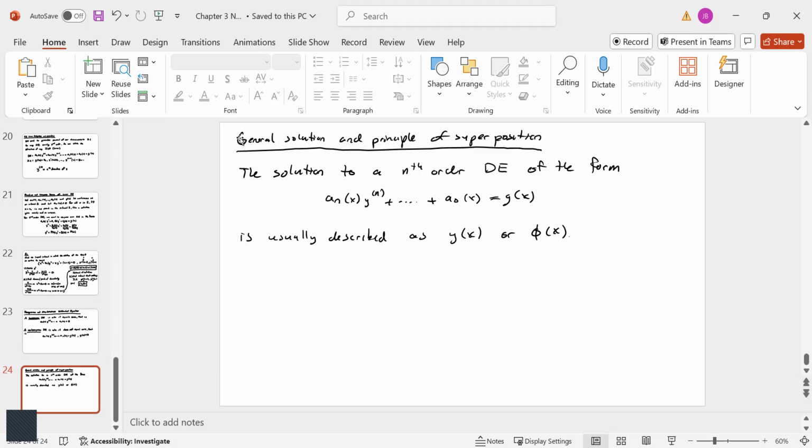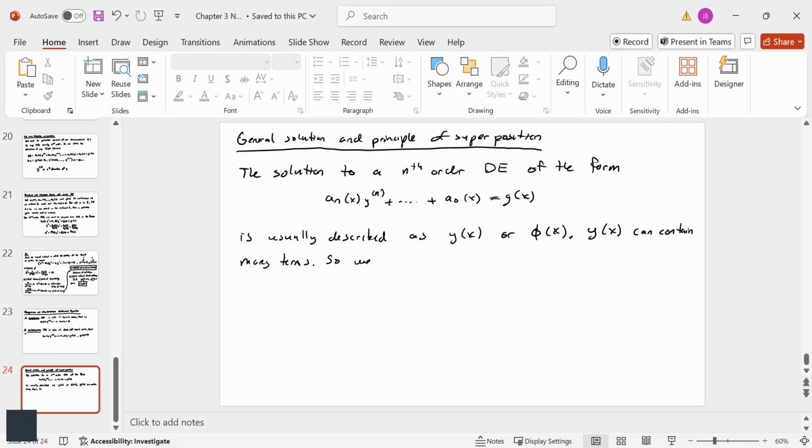Now, what this solution can contain can be many parts to it, okay? So y of x can contain many terms.